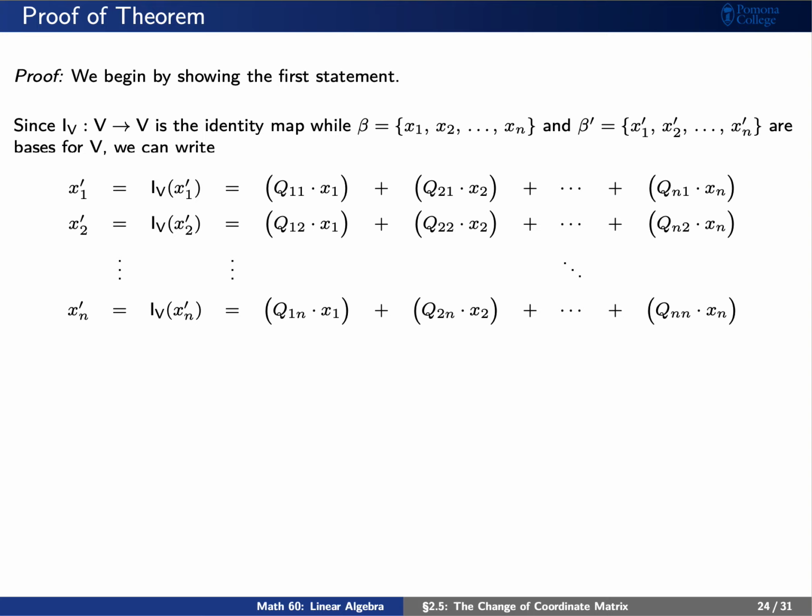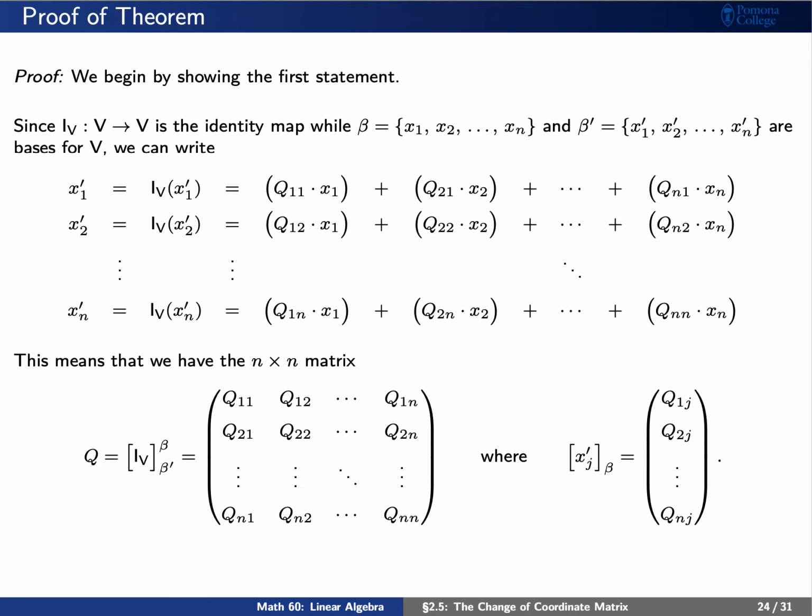We'll find some scalars q sub ij. By simply staring at this, we realize that our matrix Q, that is our change of coordinate matrix, we find just by looking at these scalars that we have here, expressing the vectors in the new basis beta prime as a linear combination of the vectors from the old basis beta.